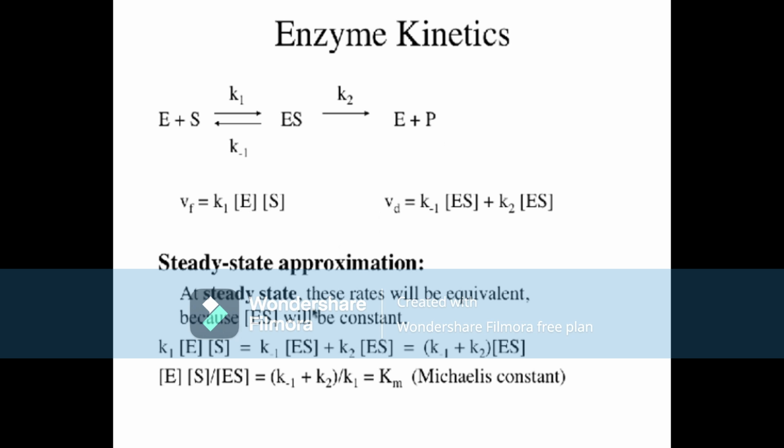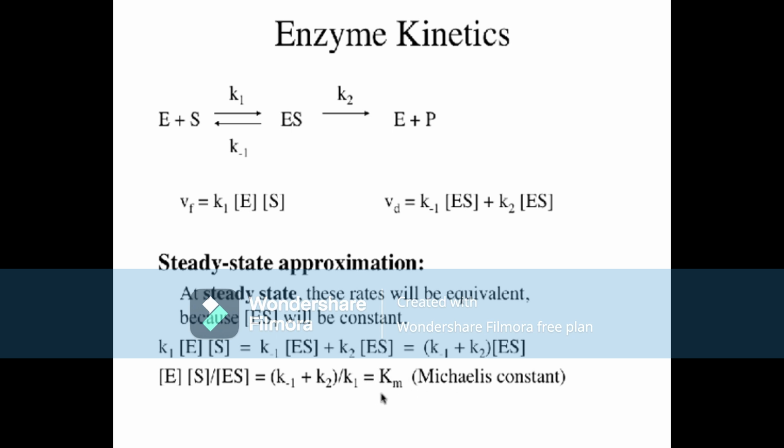At the steady state, these two rates will be equivalent. That is, the enzyme substrate complex is constant. So if we set these two to be equal, then we get this relationship here. Enzyme times substrate over enzyme substrate complex is this ratio of intrinsic rate constants, and we're going to define that as the Km, the Michaelis constant.